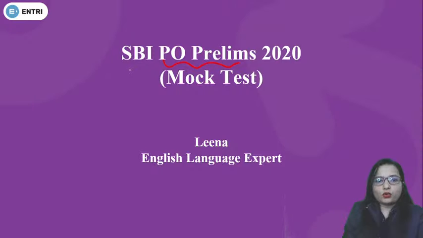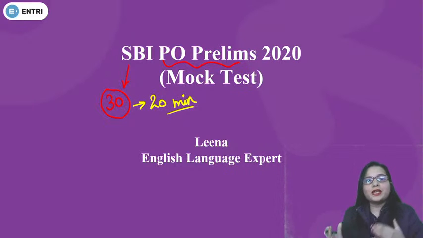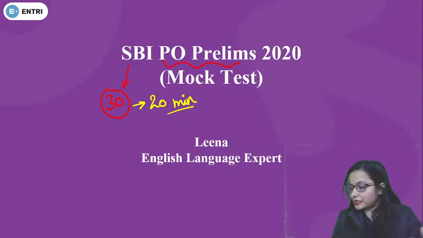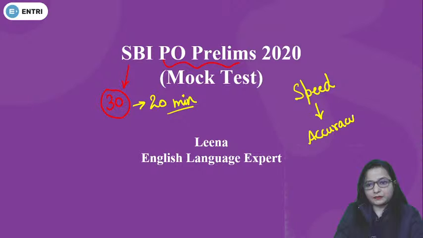SBI PO prelims will have 30 questions in the English section, and for these 30 questions you will get 20 minutes. Your speed and accuracy, both things are very important, right? You have to maintain the speed, and at the same time you should be accurate with your answers.